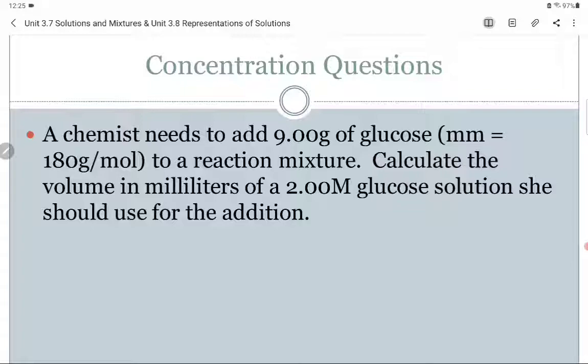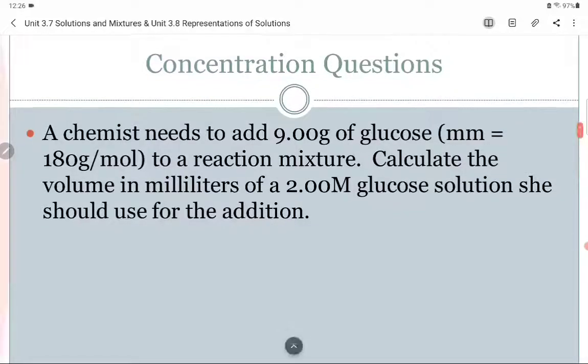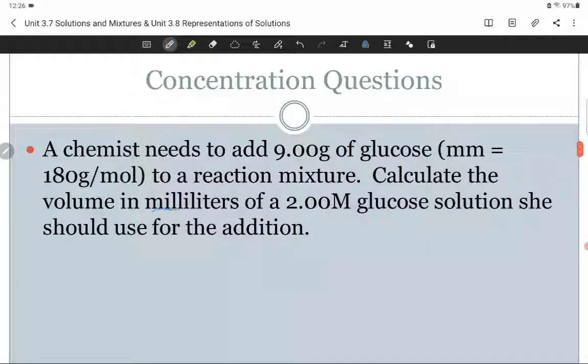Where I like to always start, it doesn't mean that that's where you have to start, I like units that I'm going to have in my answer. So my answer's got to have milliliters. So I'm going to have a unit that starts off with milliliters. So I have provided for me the molarity of the glucose.